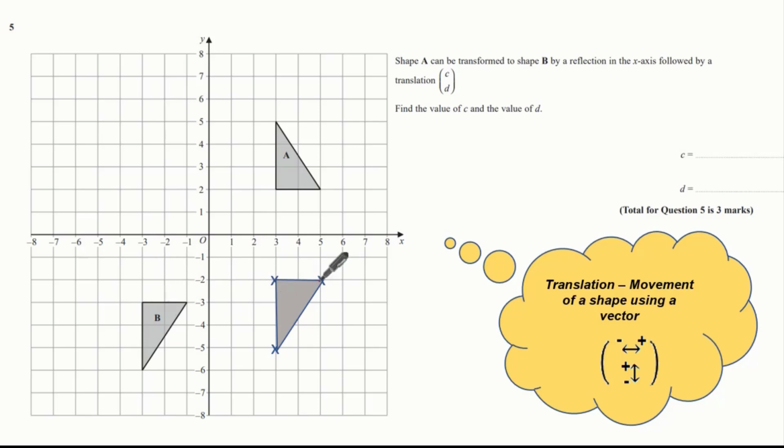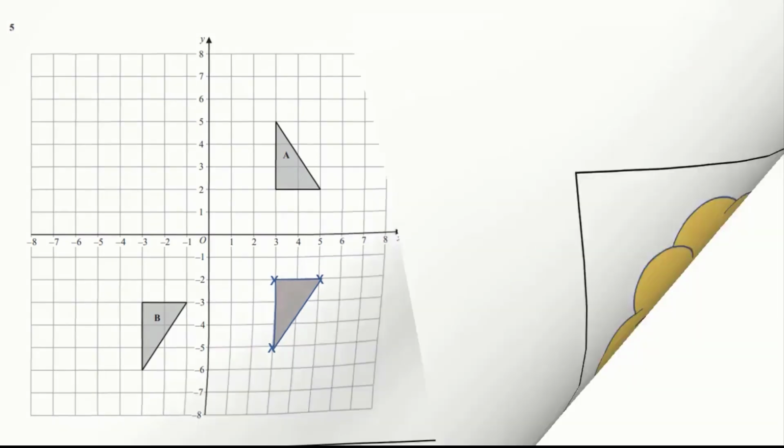I'm just going to check with another: 1, 2, 3, 4, 5, 6 and 1 down. And lastly, I'm going to check with the last one: 1, 2, 3, 4, 5, 6 to the left and 1 down. So remember our vector, 6 to the left would indicate a -6 and 1 down would indicate -1.